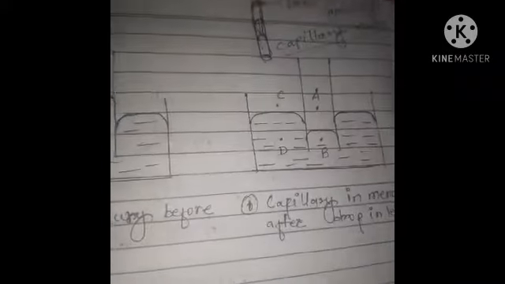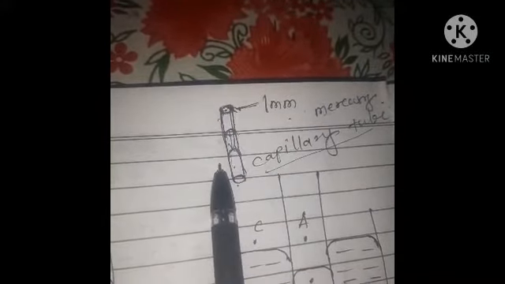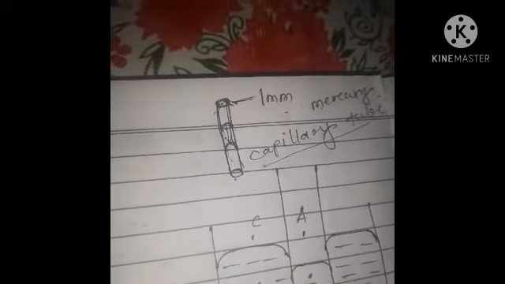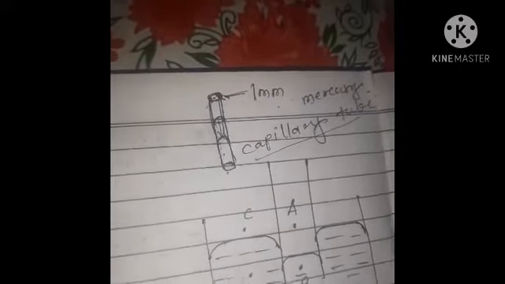Thus we can define capillary action: the phenomenon of rise or fall of liquid level inside the capillary tube when it is dipped in a liquid is called capillary action, or it is also called capillarity.